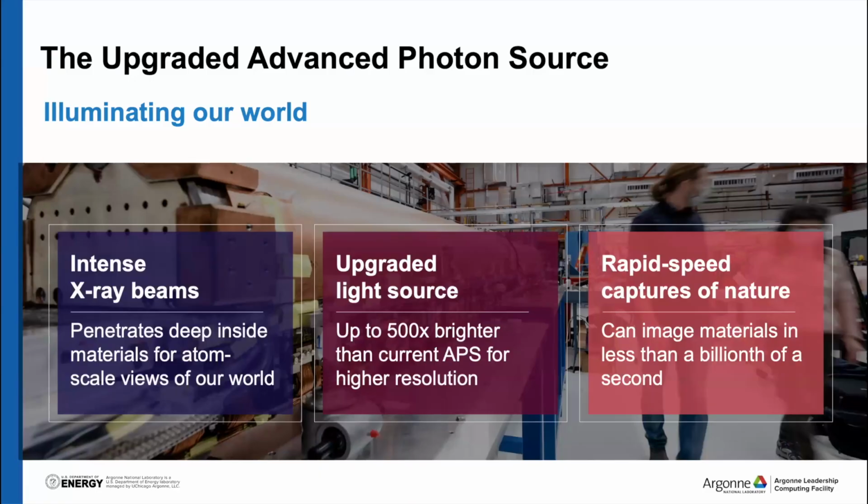And this allows us to penetrate deep inside of materials to see what is in the world around us. It's enabled up to 500 times brighter than the previous resolution of the APS. And this also means having more photons, we can also look at things that are happening more quickly. So processes that are happening within materials, we can image them at less than a billionth of a second.